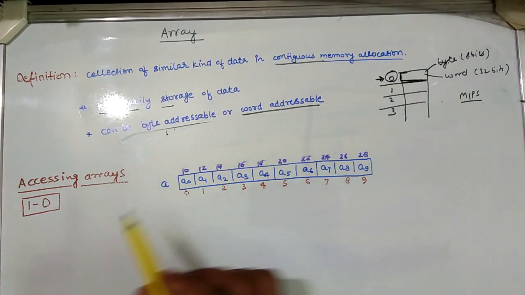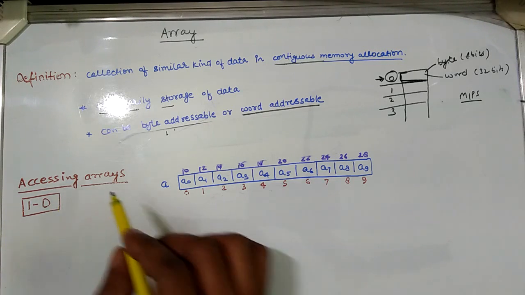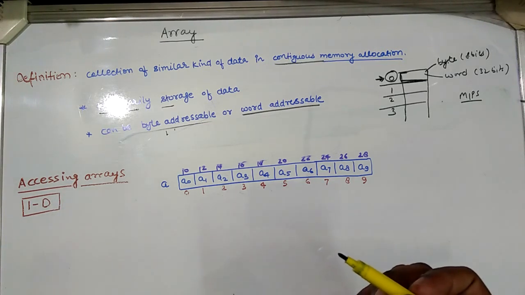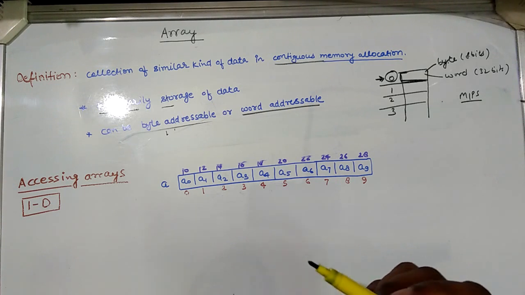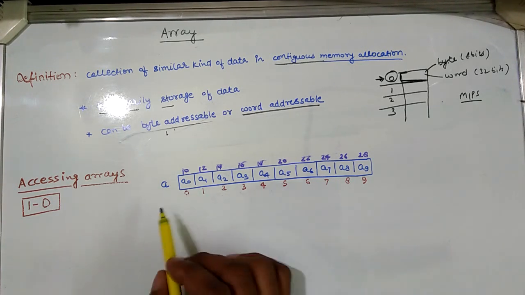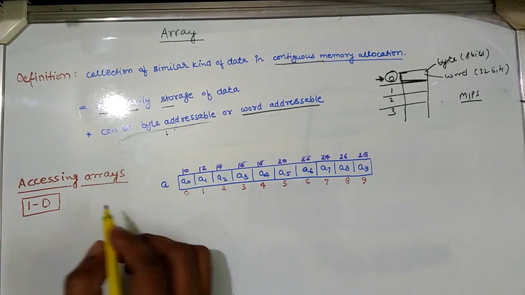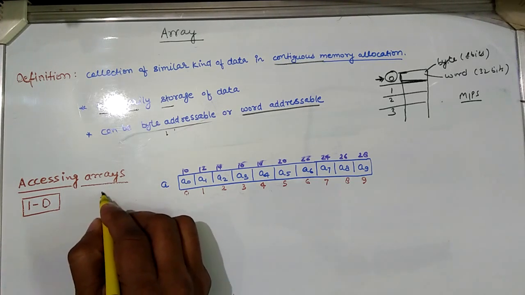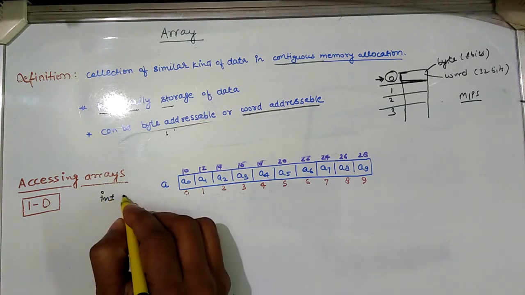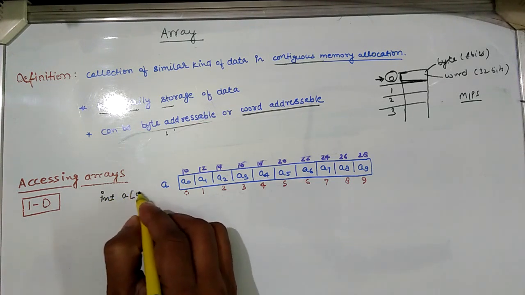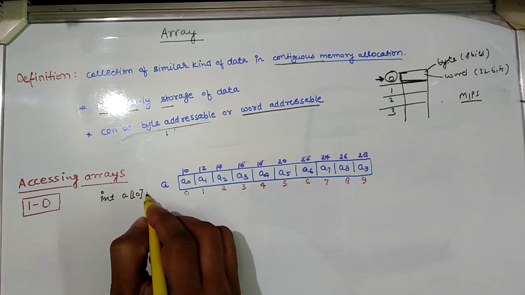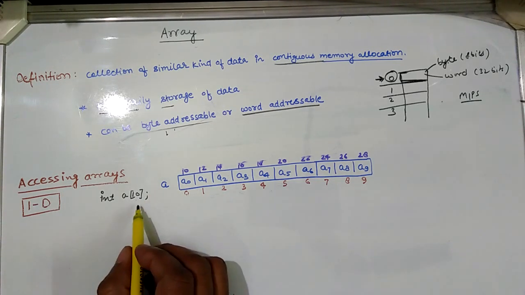Okay. Now focus on the accessing of arrays. How we can access the elements from the array, or how we can store the elements to the array. So this is array A, which is, suppose, an integer array of 10 memory locations. In C language, this is the syntax to declare an array.